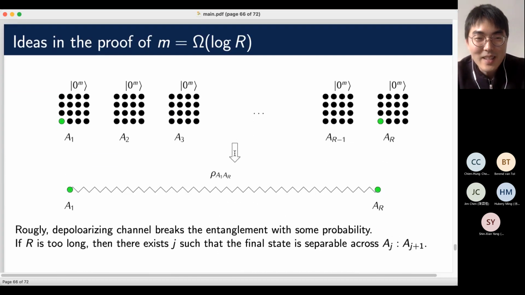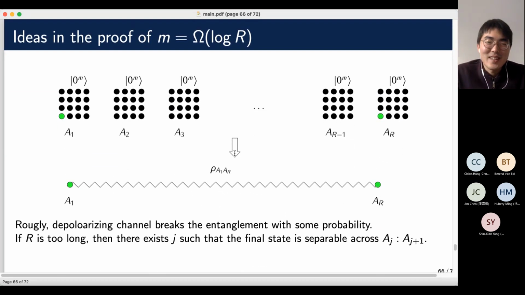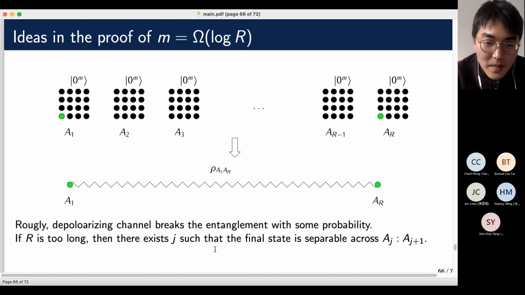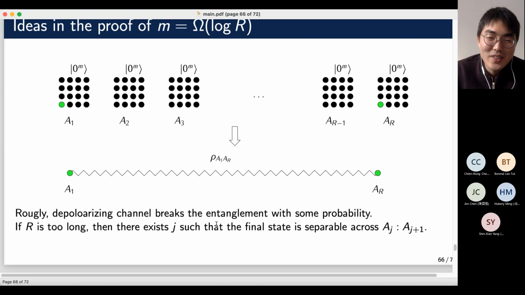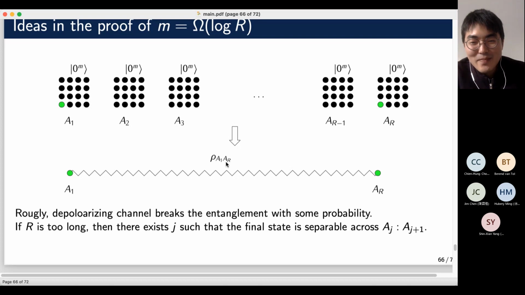Okay. Let me briefly introduce the ideas in the proof of this m equal to log R bound. Roughly, you can just consider a depolarizing channel, and then this depolarizing channel breaks the entanglement between two parties. And if R is too long, the final state must be a separable state across A_j and A_j+1 for some j.